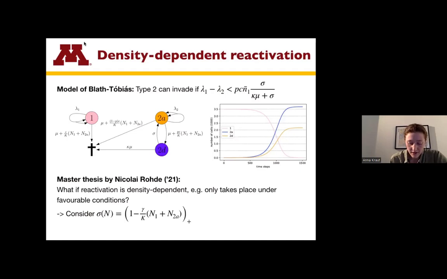In a project of Nikolai Rode, a master student of ours, we wanted to study this density-dependent switch to dormancy. We asked ourselves, if this acquisition of dormancy is a consequence of limited resources and competitive interaction, what if the reactivation also is density dependent?